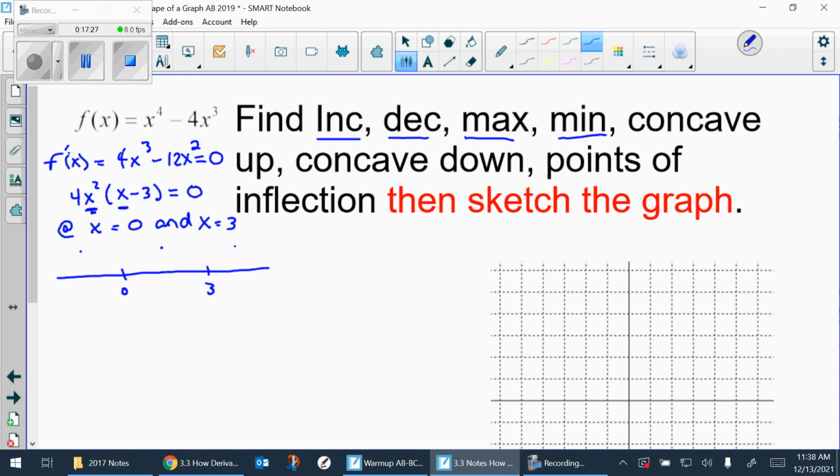If I put a -1 in here, I'll get a positive result. And a -1 in here is going to give me a negative inside the parentheses. And positive times a negative is negative. What if I choose something between 0 and 3? If I choose something like 2. Well, this is going to be positive, and this is still going to be negative.